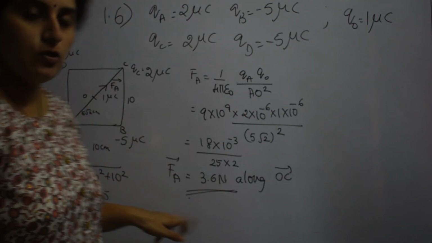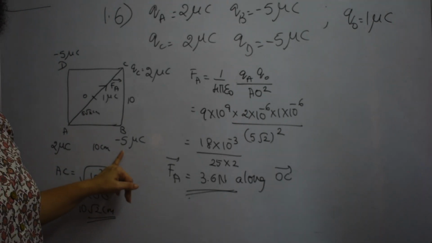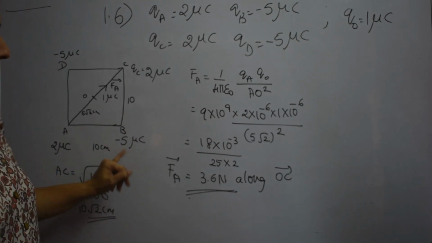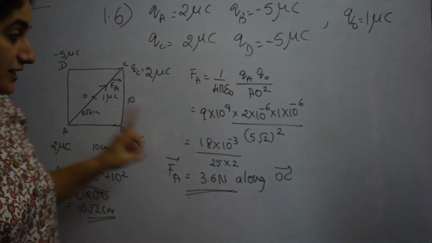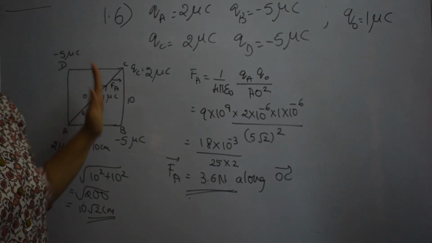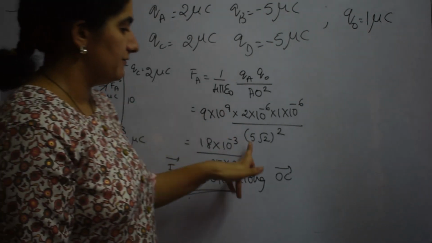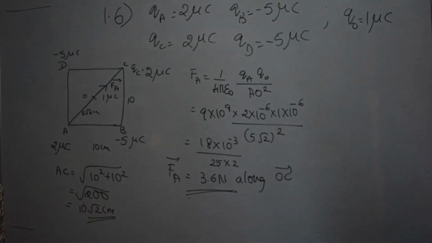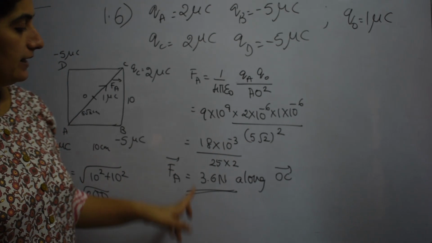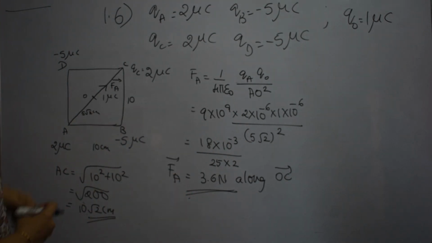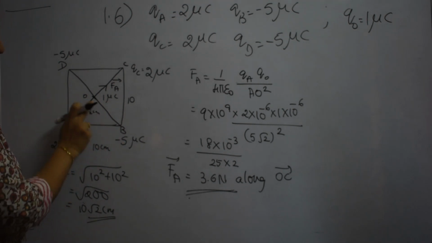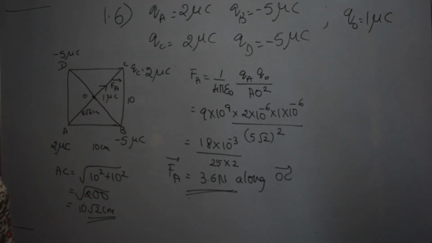Similarly, you have to now find FB. What is the difference? Instead of QA, you have to write QB. So here you have 5. No need to take sign here. This sign is important when we consider the direction of the force. So you have here 5 root 2 whole square. Instead of 18 you will have 9 into 5. For that we need distance BO.